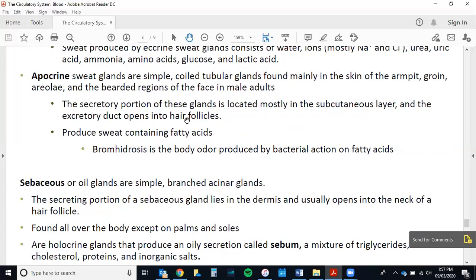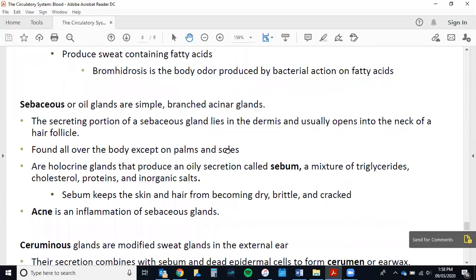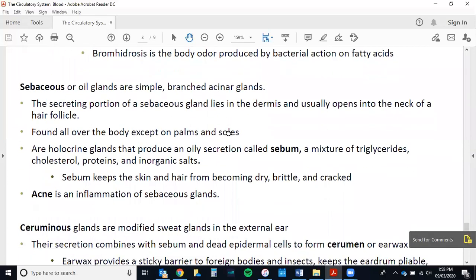They produce a different type of sweat that contains fatty acids, which bacteria tend to love. Bacteria utilize those, and in doing so, they give off an odor. This is a fancy way of describing BO. Bromhidrosis is the condition that causes body odor, BO.